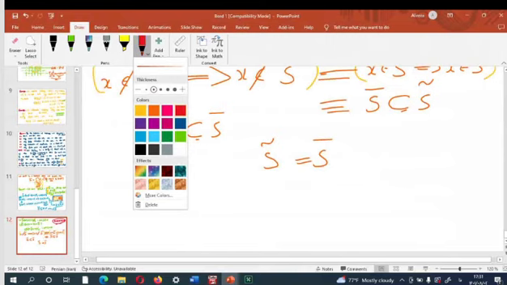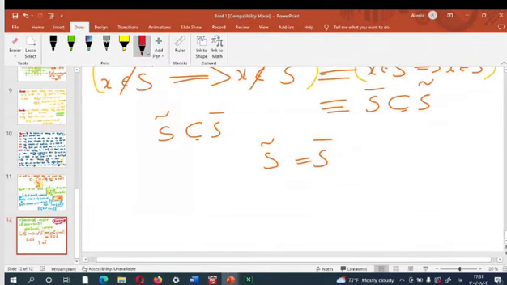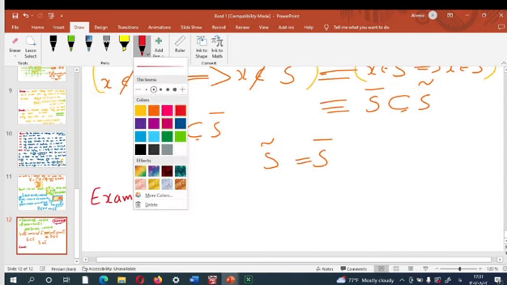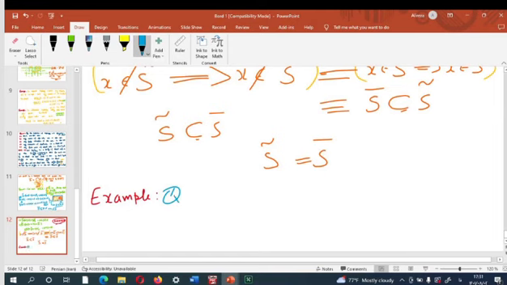Example: Q, the rational numbers, is dense.